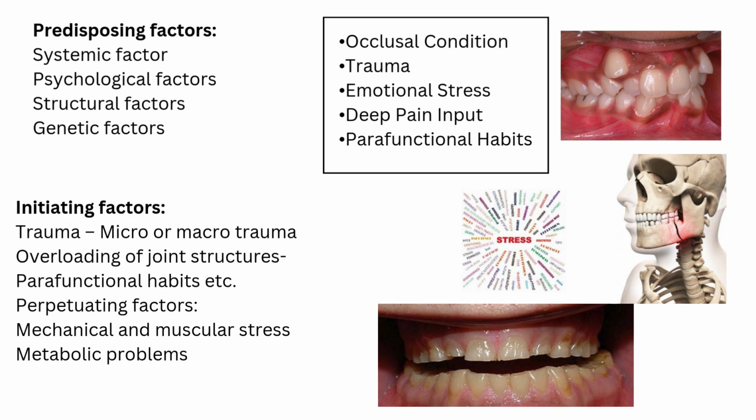Macro trauma is something like a fall or a road traffic accident. All those things are trauma. Now overloading of joint structure begins because of parafunctional habits like night grinding, and then obviously mechanical and muscular stress occurs. Also metabolic problems play a major role, like in GERD, if you have frequent vomiting, it will again result in muscle spasms, etc.